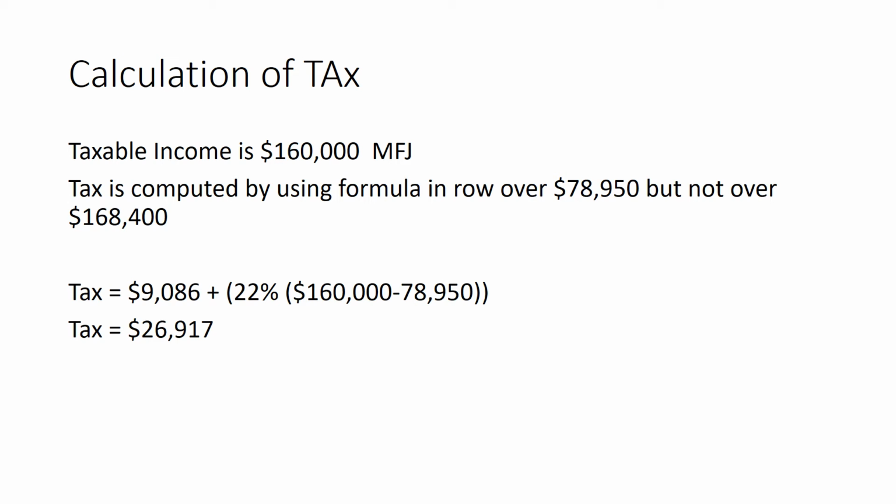And that formula again was $9,086 plus 22% times the difference of their taxable income of $160,000 and $78,950. So the portion of taxable income above $78,950 is taxed at 22%. So when you calculate that amount, add it to $9,086, and their individual federal income tax is $26,917.